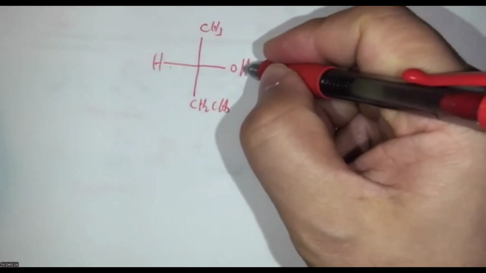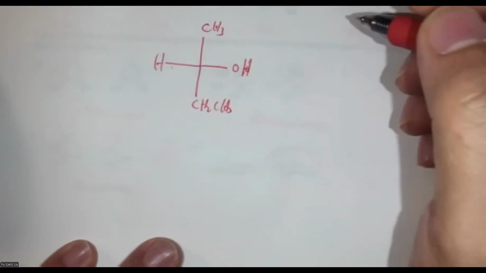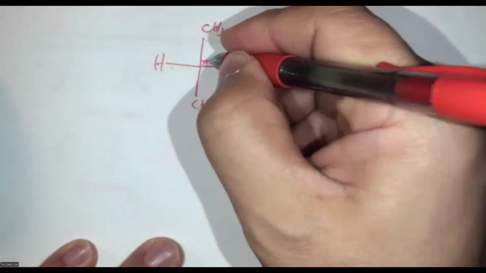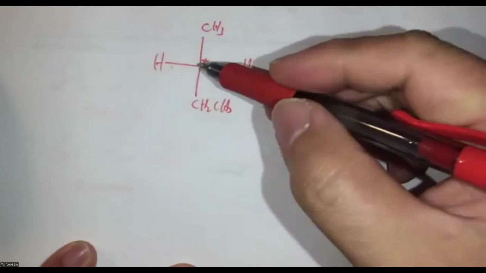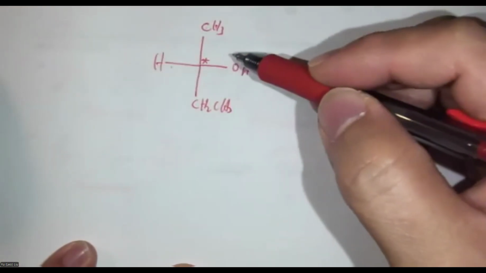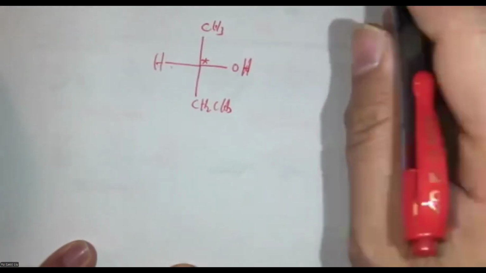For example, this is one Fisher projection, and we assign R/S for the middle carbon stereocenter. You always need to keep in mind that the horizontal bonds point towards you, and the vertical bonds point away from you.